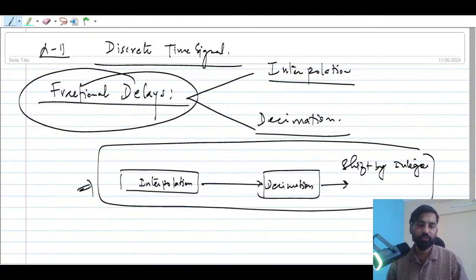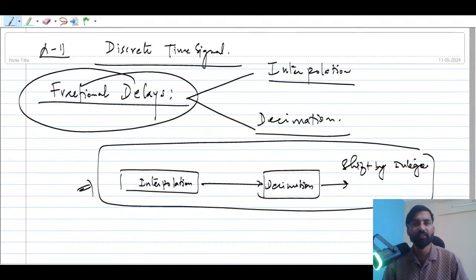So this will be the process to get fractional delay. If you want to introduce fractional delay, what do you have to do first? You have to go for interpolation. Why do we go for interpolation? If you do decimation first, there is a potential loss of information. So to get back the same sequence will be very tough.